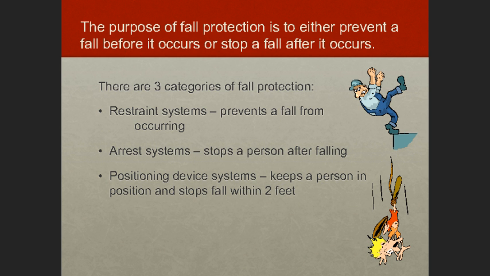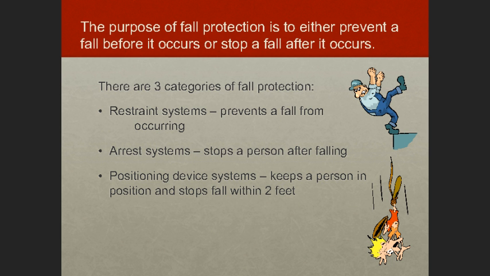So the purpose of fall protection is to either prevent a fall before it occurs or stop a fall after it occurs. Okay, or rather that sudden stop at the end that everyone worries about. So there are 3 categories of fall protection that we can agree on. Firstly, we have restraint systems. Restraint systems literally prevent a fall from occurring.